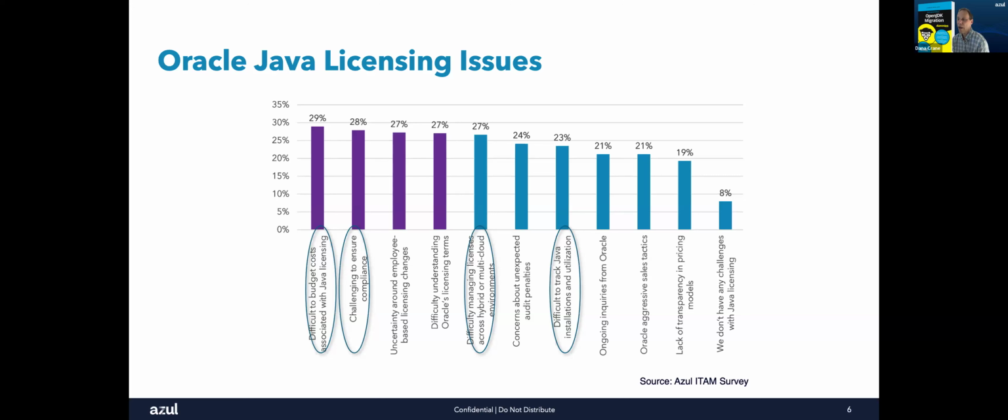That can be a real consternation when you're trying to figure out, can I roll out this new project? Or even, what should I be doing on new hiring initiatives? How many people should I be hiring? Because that is directly going to affect your Oracle licensing costs. Those are things that people haven't thought of before that are now being impacted by it.